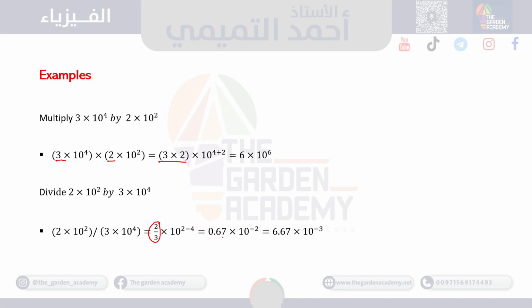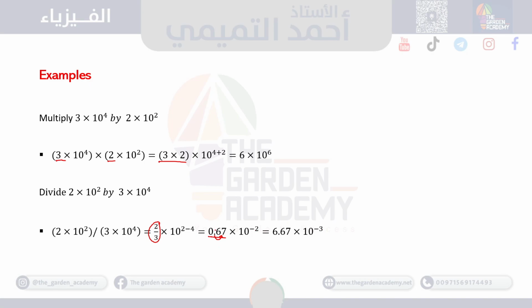Now this is not written in the correct scientific notation form. Why? Because this number must be between 1 and 10. So we move this decimal point to the right in order to form what? 6.67, because 6.67 is a number between 1 and 10. Therefore, in this case it becomes 6.67 times 10 to the power negative 3. Why do we have negative 3?